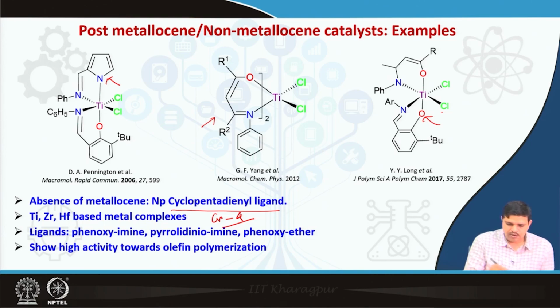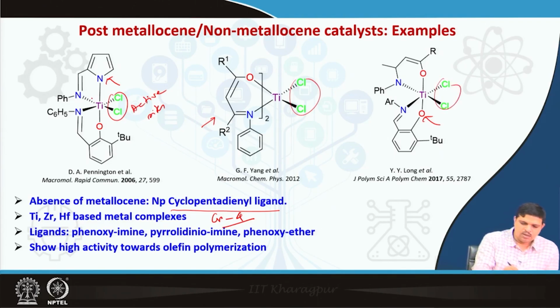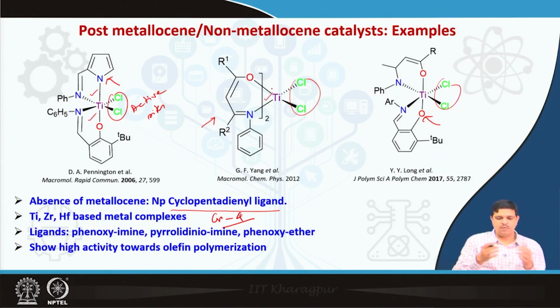So here you will see that again the basic structure is the same. These are the active sites in all the cases, and these are basically the ligands of different types: pyrrolidino, phenoxyamine or phenoxyether.